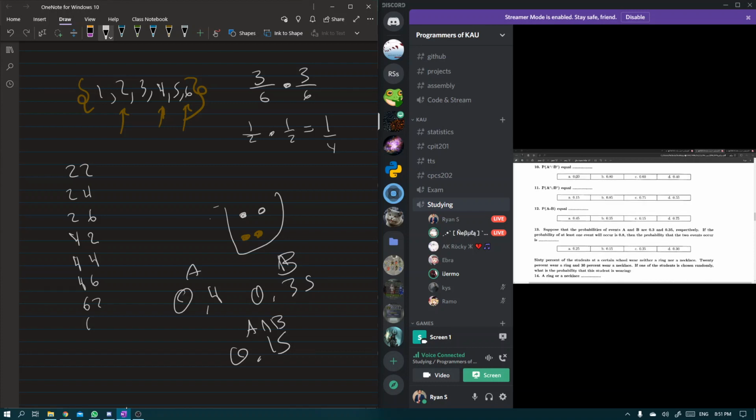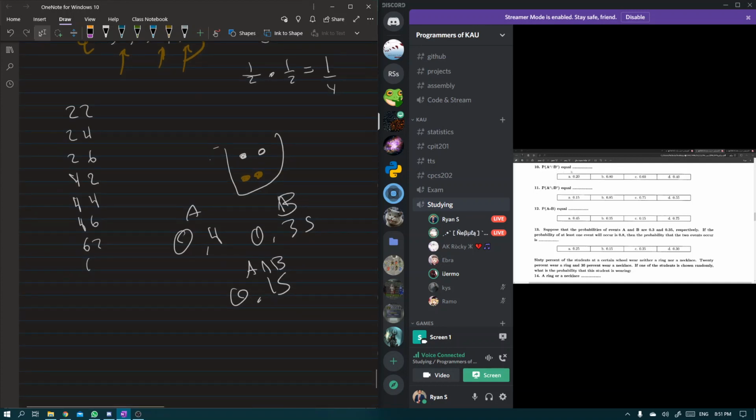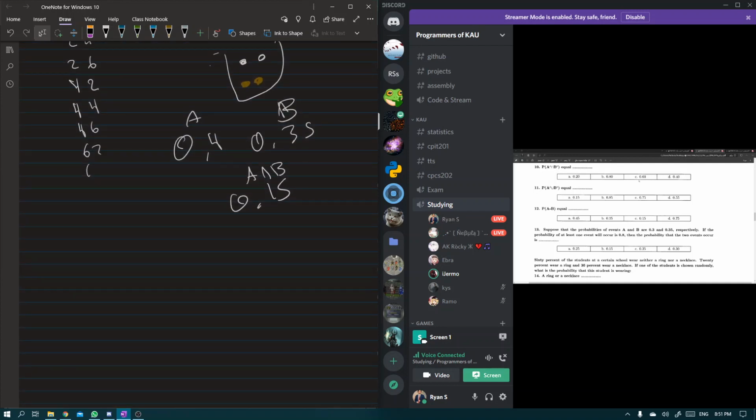Next. Suppose the probabilities of events again, 0.6, that 2 events occur.